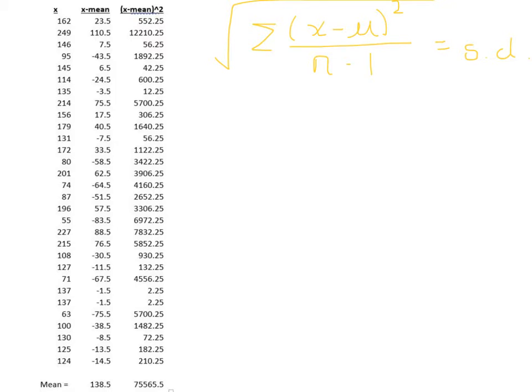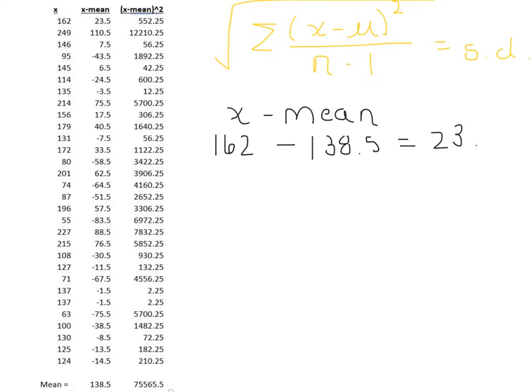In the second column that I've labeled x minus the mean, I took the mean, which I determined by adding up all those values of x and dividing by 30, and that mean I got to be equal to 138.5. And I took each value of x and I subtracted that mean. So my first value of x was 162. I subtracted 138.5, and I got 23.5.